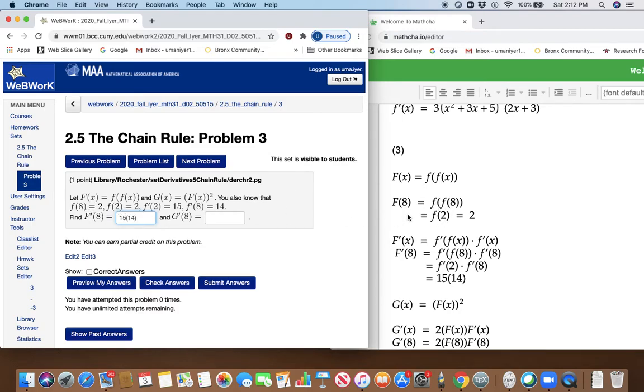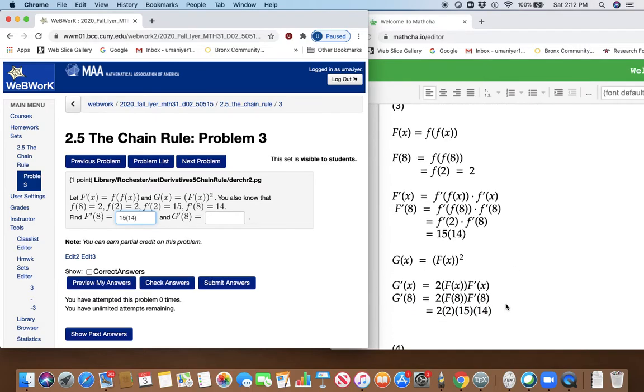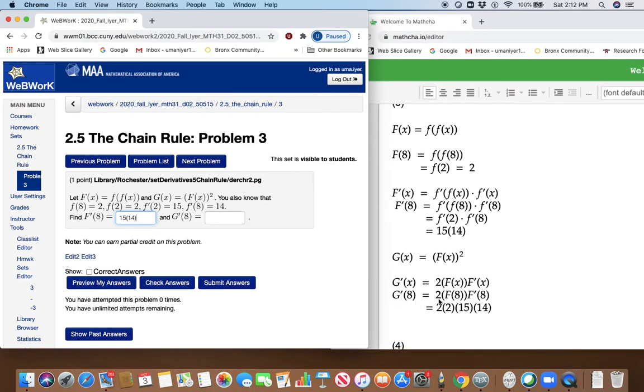Little f of 2 is 2. So that's what we need to use. G prime at 8 is 2 times F of 8, which is 2, and F prime of 8 we just saw is 15 times 14. So that is 2 times 2, which is 4, times 15 times 14.